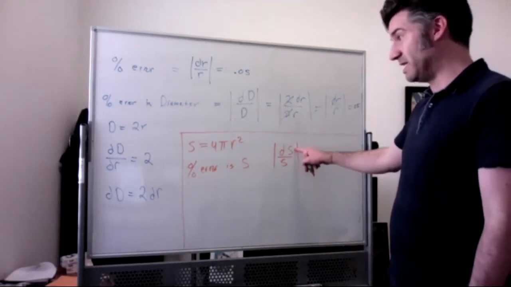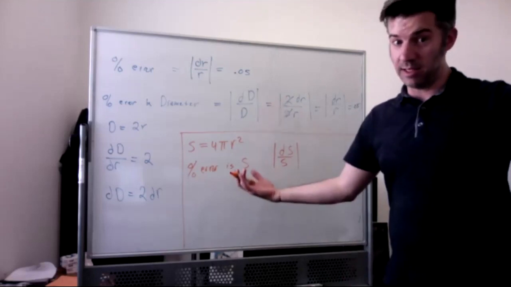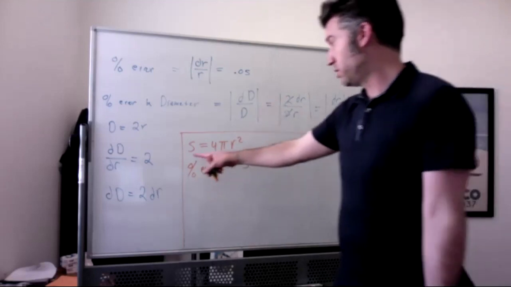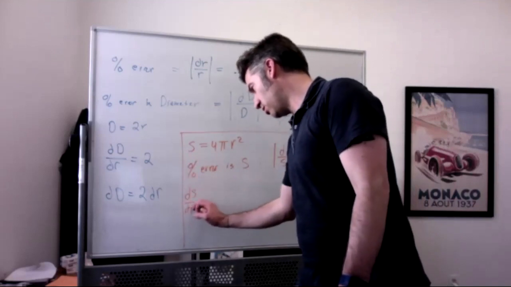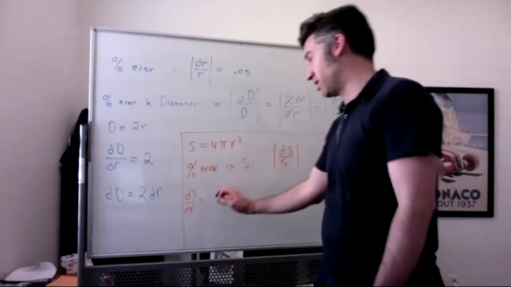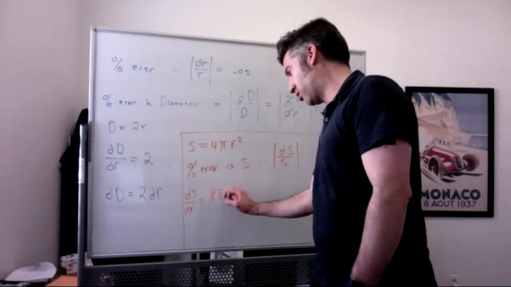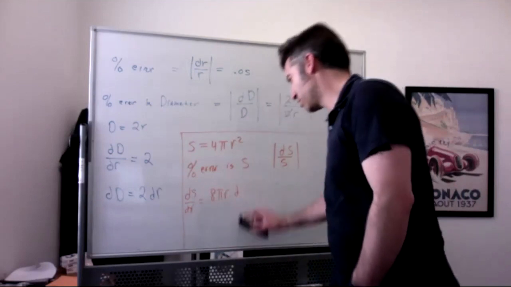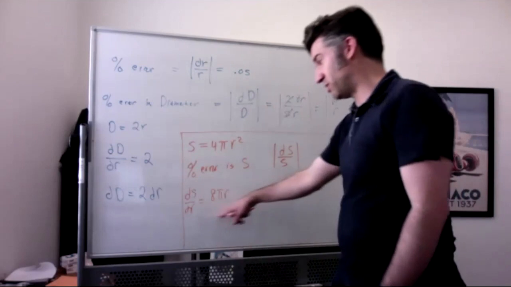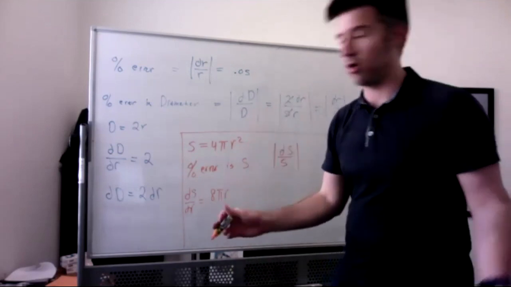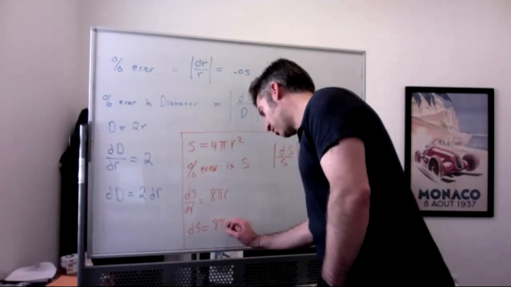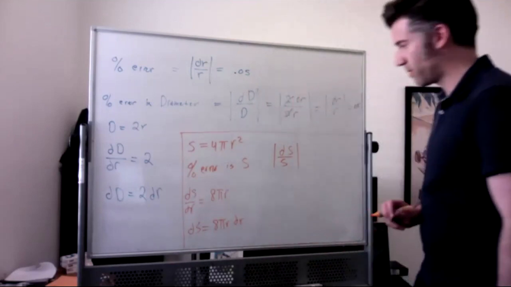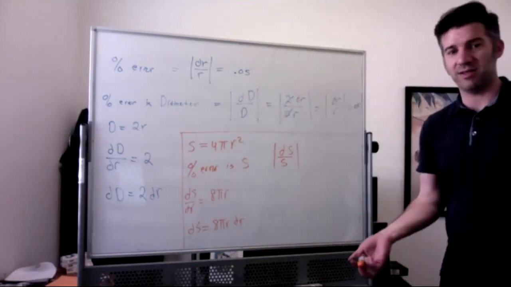Okay, so I need to find ds. I know how to find ds, I'm just taking the differential. So ds dr, the derivative of 4 pi r squared, is 8 pi r. And then I'm going to multiply both sides by dr. So ds is equal to 8 pi r dr. Okay, so check this out. I've always thought this was kind of slick.